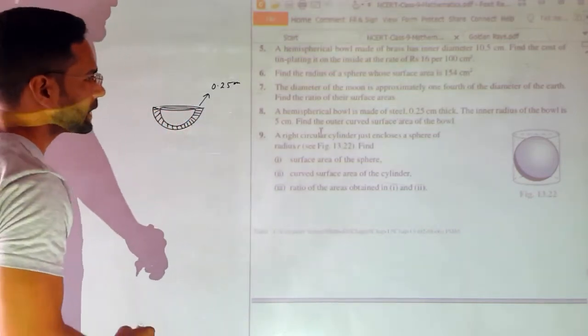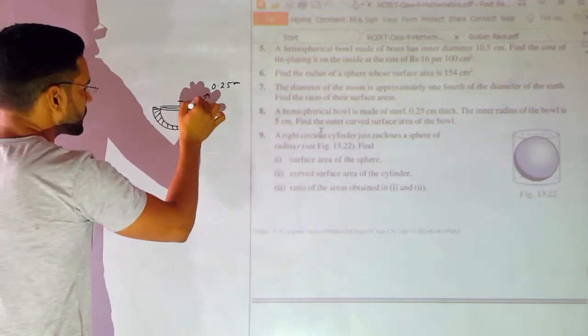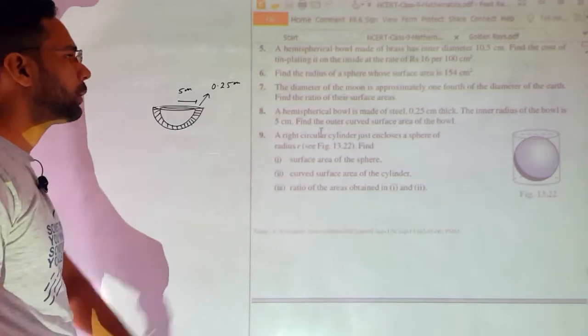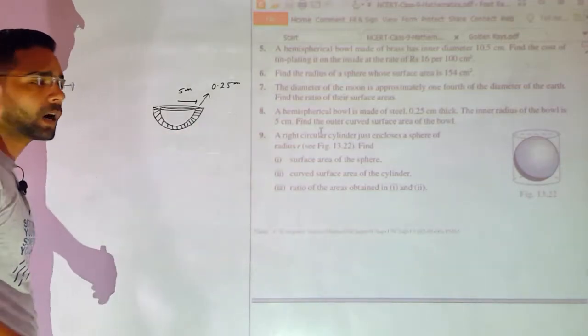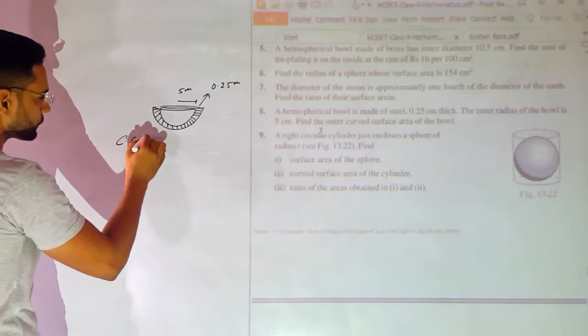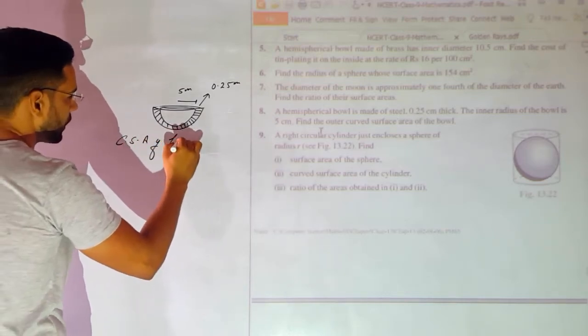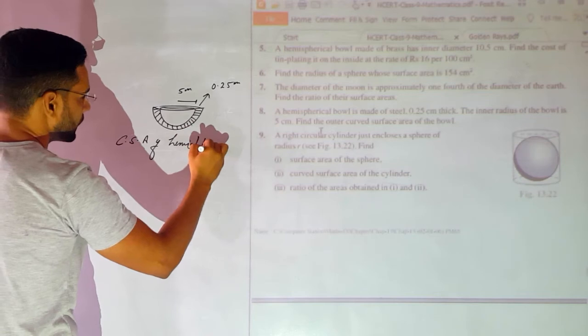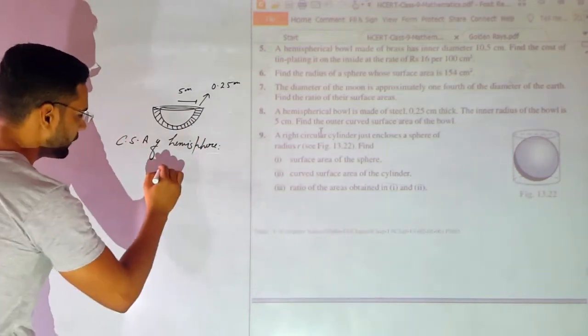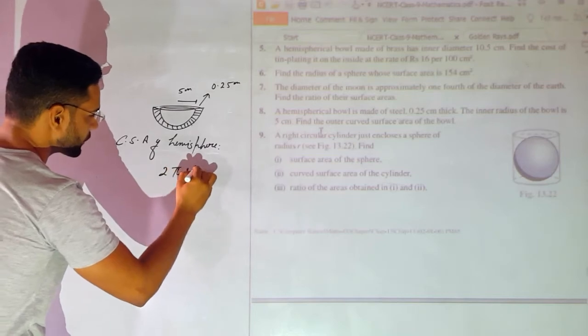The inner radius is only 5 centimeter. Find the outer curved surface area of the hemisphere. The CSA of a hemisphere, you know very well, is 2 pi r square.